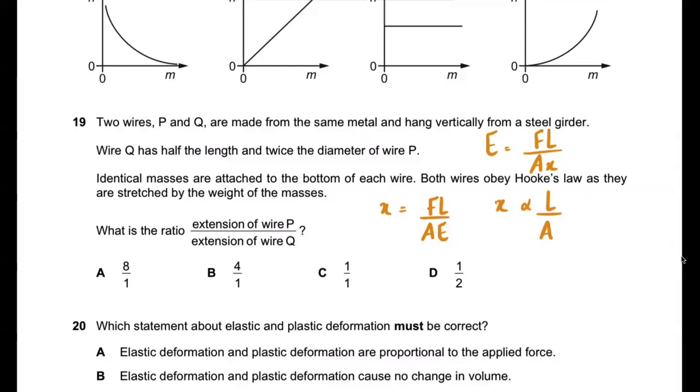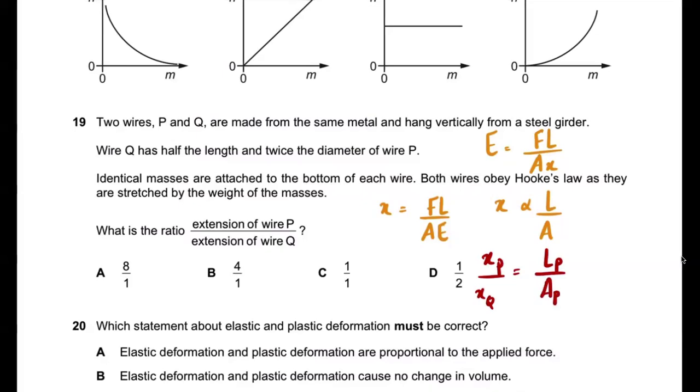Now, if I think about P, let's say P has some length L, and it has some area A. So if I write this down as a fraction, let's say XP over XQ. Let's write it out even more clearly: this is the length of P, this is the area of P, right?